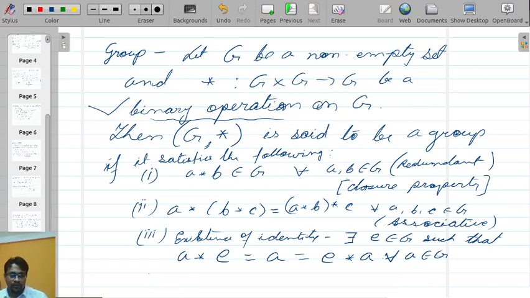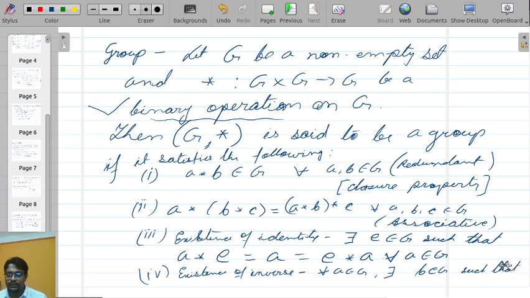Okay, and number 4 is the existence of inverse. Given any A inside G, there exists a B inside G such that AB is equal to BA equal to E. So AB means actually A star B. Just let me emphasize on this.